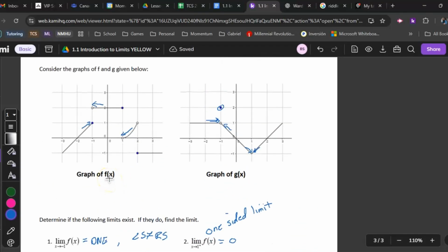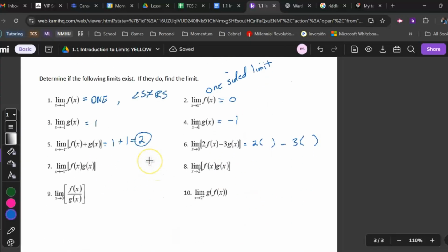On f of x, as I approach 0, what number am I getting close to? 2. And as I approach 0 on g of x, what do I get close to? 0. So for f of x, we got closer to 2. For g of x, we got closer to 0. Anything times 0 is just 0, so that's going to go away. And our answer would just be 4, because it's 2 times the 2. That makes sense to everybody?